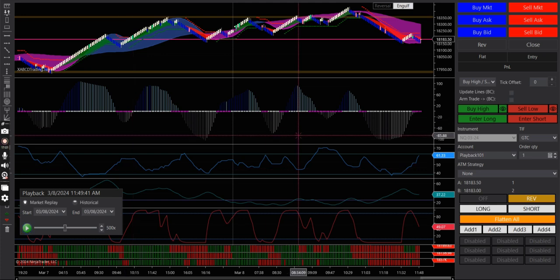So you can see here that I do have a purple shade and red. And let's look at my other condition. Well, right now I'm still in the squeeze.